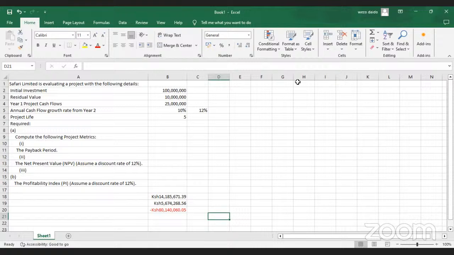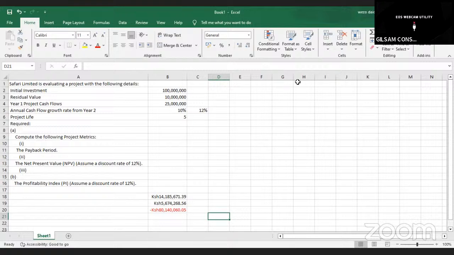You take the total of the two, and then divide by 100 million instead of subtracting. Divide.